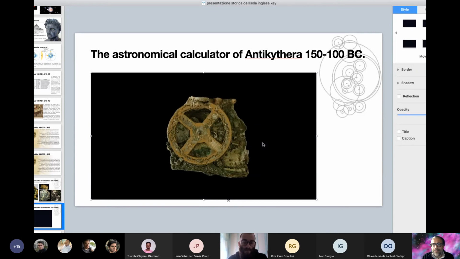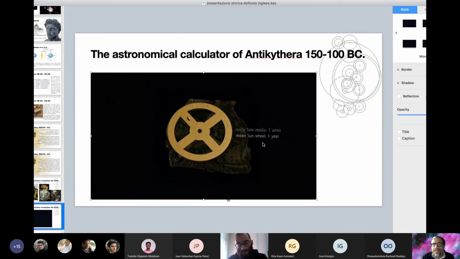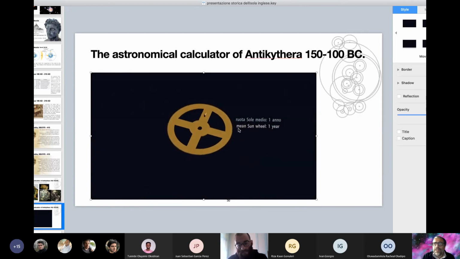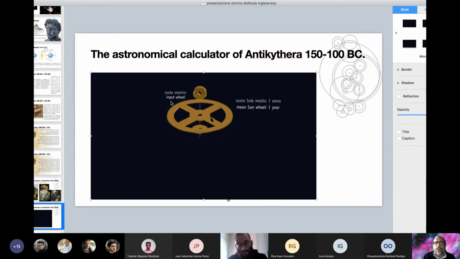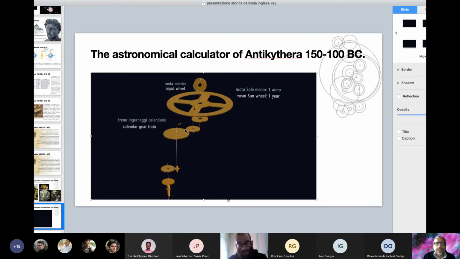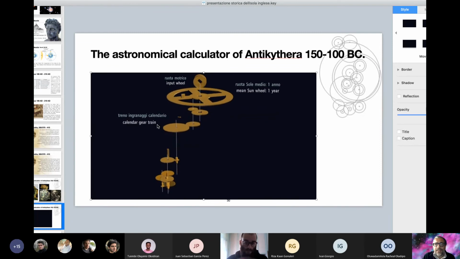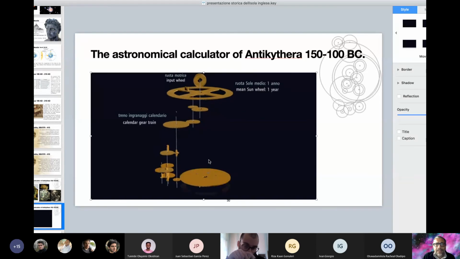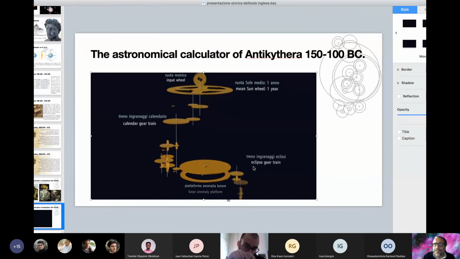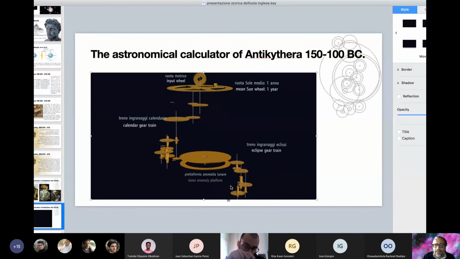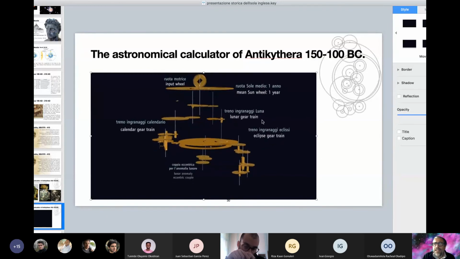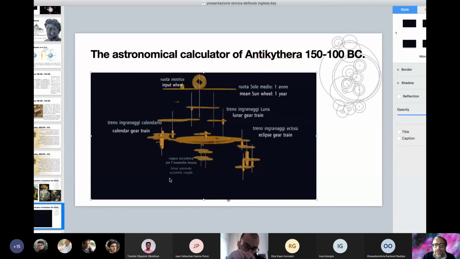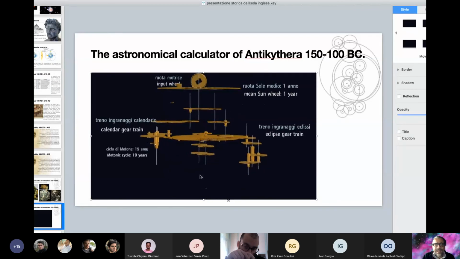And this is the mechanism as it has been found. Then they reconstructed it, so you have the mean sun wheel, which turns in 1 year. Then you have the input wheel. Then you get the calendar gear train, then the eclipse gear train, the lunar anomaly platform, the lunar gear train, the lunar eccentric couple.